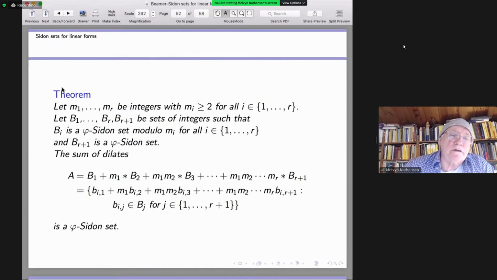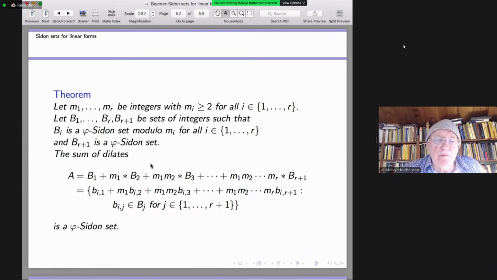So we have the following nice construction. If you take moduli m_1 up to m_r, at least 2 for all i, and if you take r plus 1 sets of integers where the set B_i is a phi Sidon set modulo m_i for i going from 1 up to r, so B_1 up to B_r are modular phi Sidon sets, and B_{r+1} is just an ordinary phi Sidon set, that is a set of integers which is phi Sidon with respect to this linear form phi, then this sum of dilates, B_1 plus m_1 times B_2, plus m_1 m_2 times B_3, plus m_1 m_2 m_3 times B_4, and so forth, is a phi Sidon set, not a modular phi Sidon set, but a real phi Sidon set.